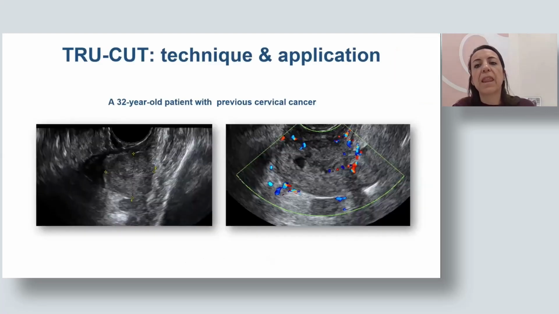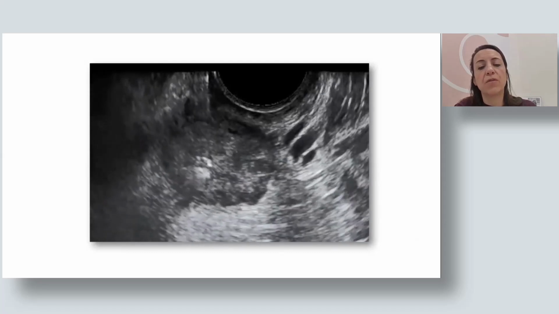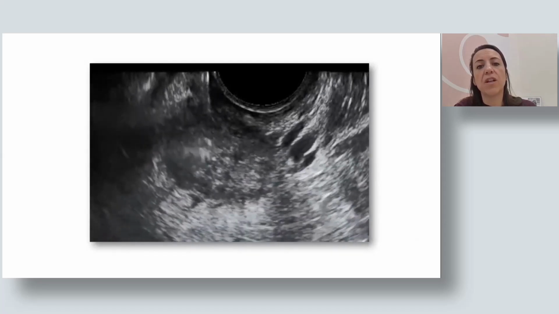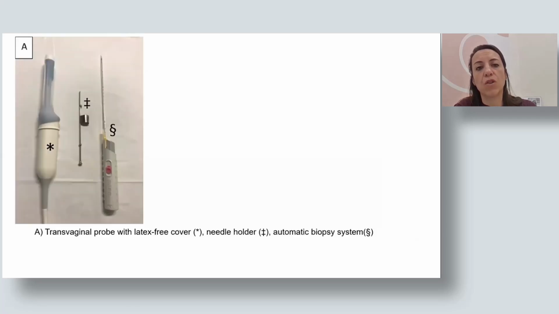As I told you before, we can use ultrasound examination during follow-up of patients with cervical cancer. In particular, in this young lady with previous cervical cancer, I identified a tumor, a recurrence in the pelvis. And during the examination, I also performed the true-cut biopsy to obtain a specimen for the histology.